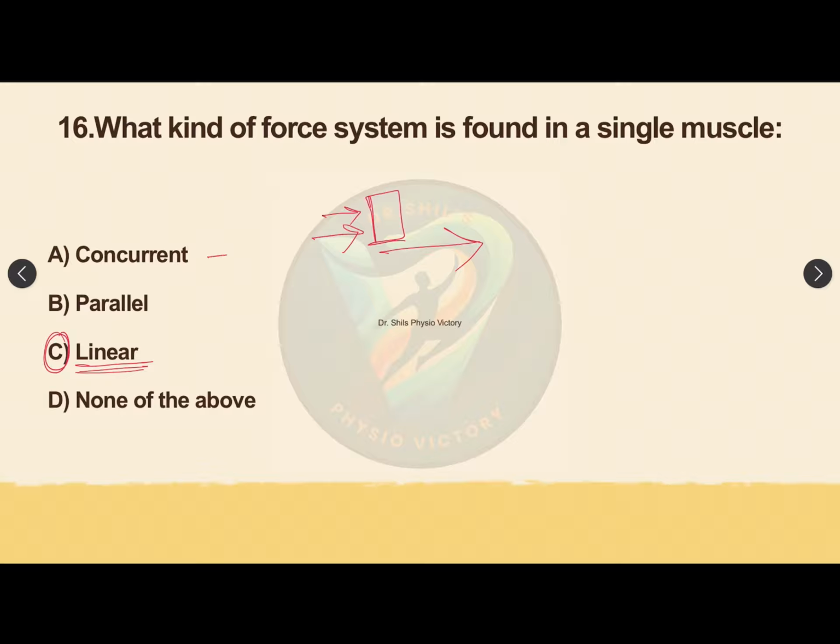And concurrent force: concurrent force is when two forces act on the object in different directions, perpendicular to each other, and the resultant force will be in between the two forces. It can be diagrammatically represented by the parallelogram method.